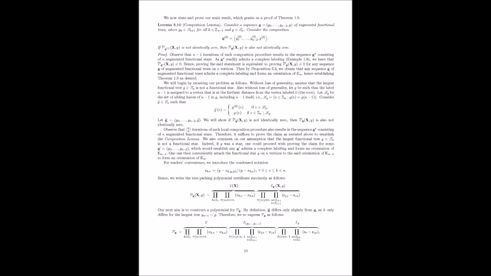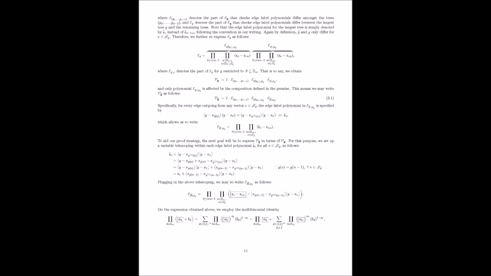Precisely. And through this whole process, our tree packing polynomial certificate is like our guide and our safety net all rolled into one. Every time we make one of these allowed transformations from the composition lemma, we check our polynomial and make sure it's still non-zero. If it is, we're good to keep going. So it's like the polynomial is making sure we don't accidentally make any illegal moves as we rearrange things. Exactly.